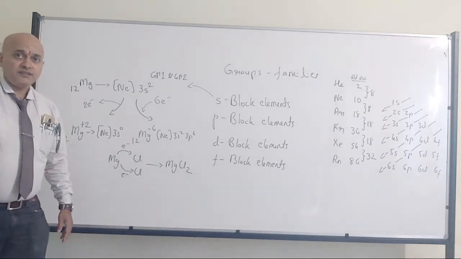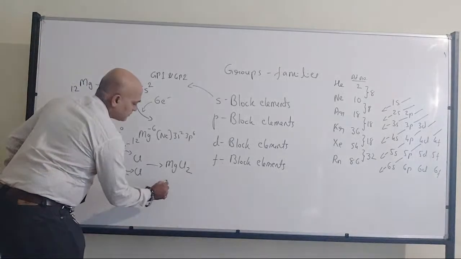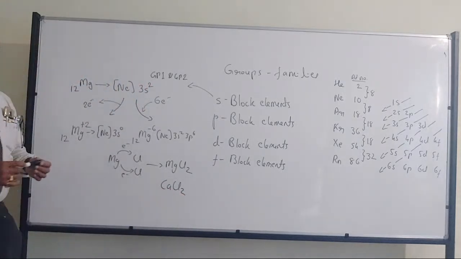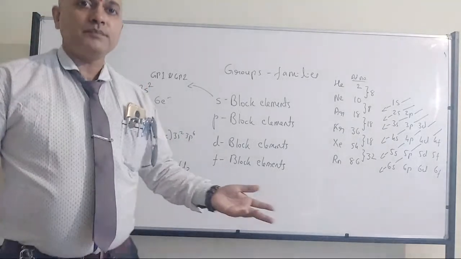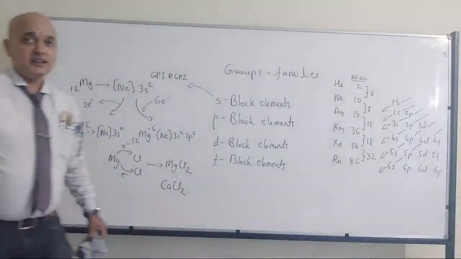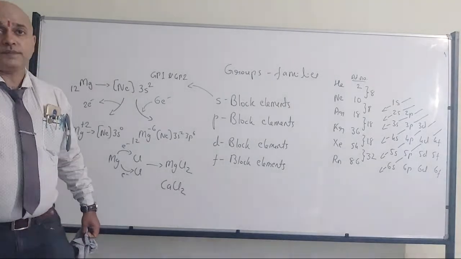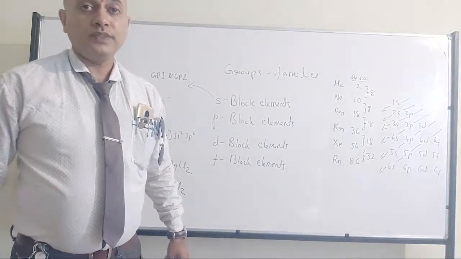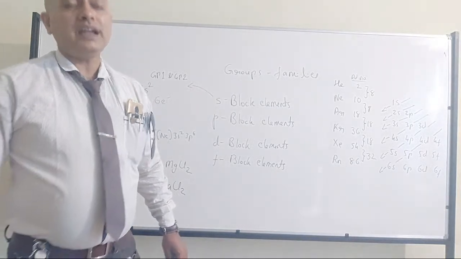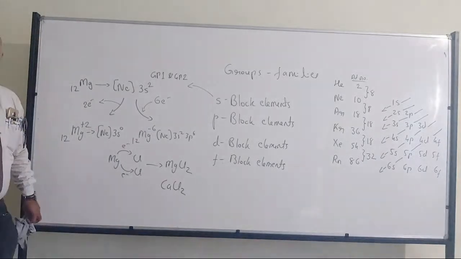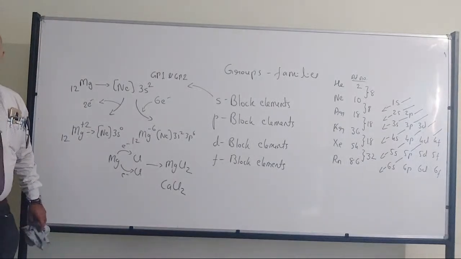Fine. Same way, calcium chloride will be CaCl2. That is because calcium is exactly at the bottom of magnesium. So calcium, magnesium, everything, they belong to the same group. That is group 2. They are group 2 elements. So naturally, these elements are called alkaline earth metals.